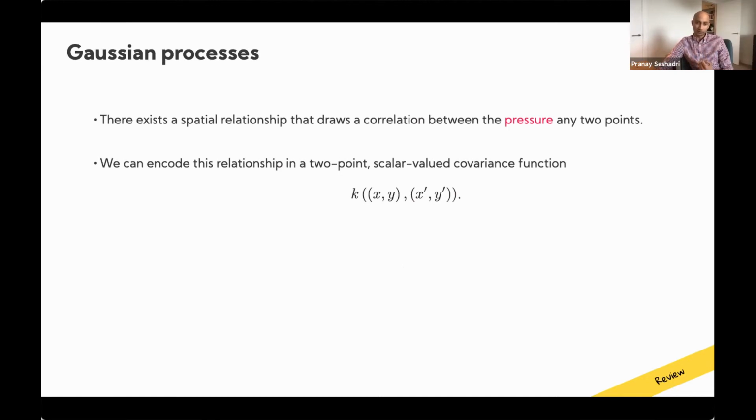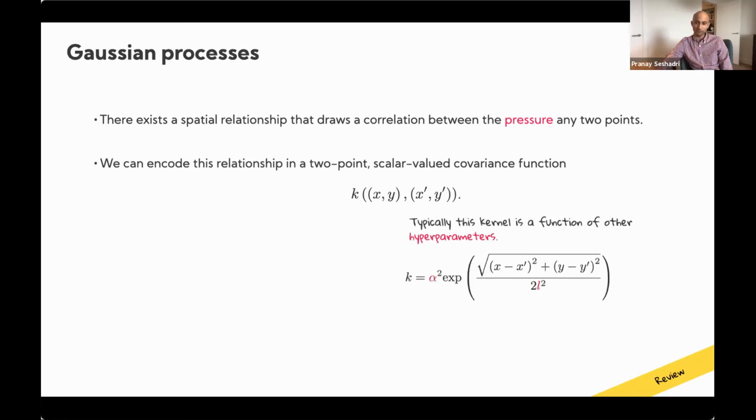We can further encode this relationship into a 2-point scalar value covariance function of the form as indicated on the screen. Now, there are various kernel functions we can use, quite a few of which are physics-based or physically motivated, but we'll stick with the standard squared exponential covariance function that has a form here.